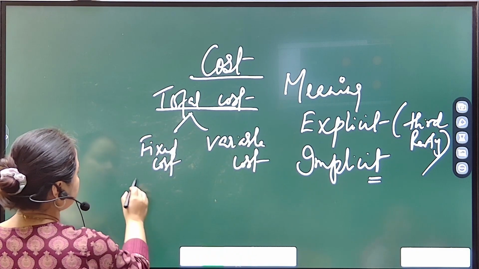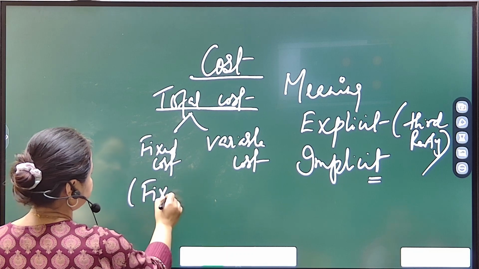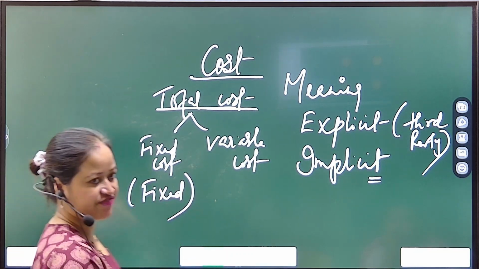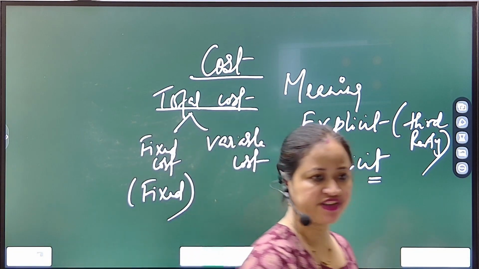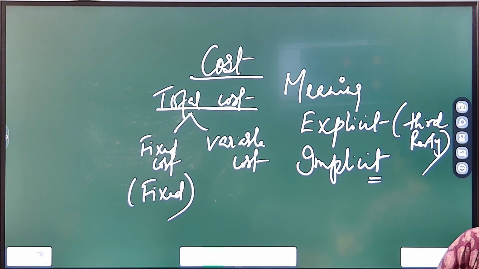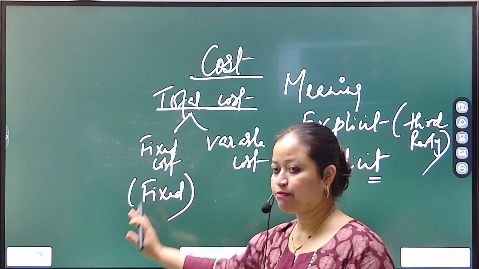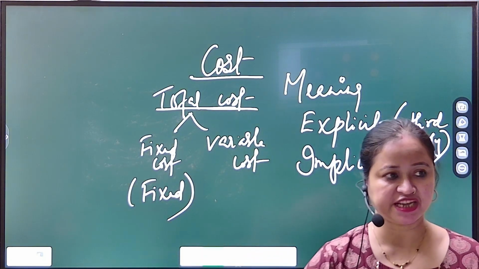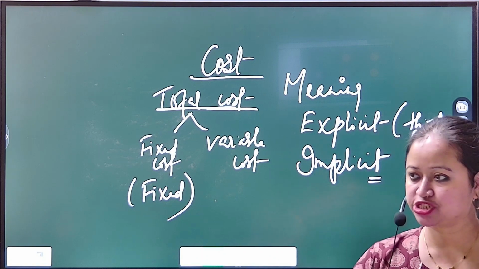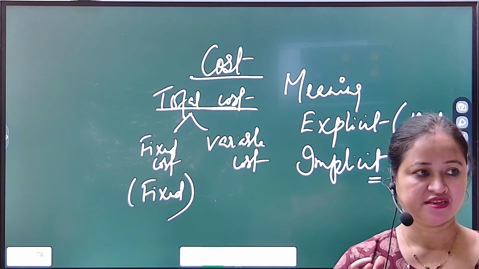Fixed cost is fixed. Even if the farm is producing 0 output, or 100 output, it will be fixed. Like, for example, if the farm is buying plant machinery, land and building, once that is purchased, that's a fixed cost.